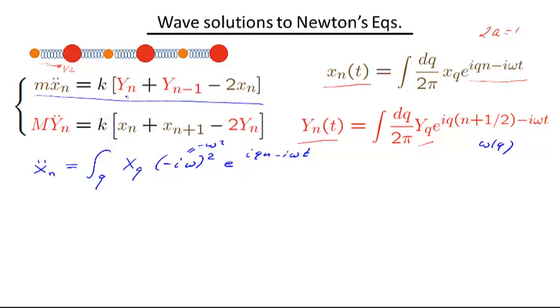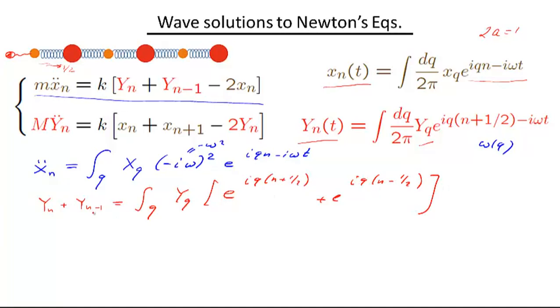Now I also have here this term of y sub n plus y sub n minus 1, which essentially corresponds here in this picture to having this red atom to the left and the red atom to the right. And so if I now calculate this term, I simply can write this expression. I have an integral sub q, capital Y sub q, and here I have a sum of two terms, e to the power i q (n plus 1/2) plus e to the power i q (n minus 1/2), because now this corresponds to n minus 1, times e to the power minus i omega t.